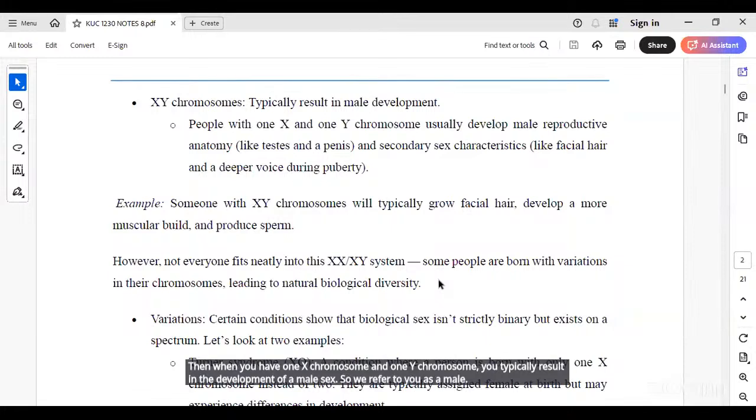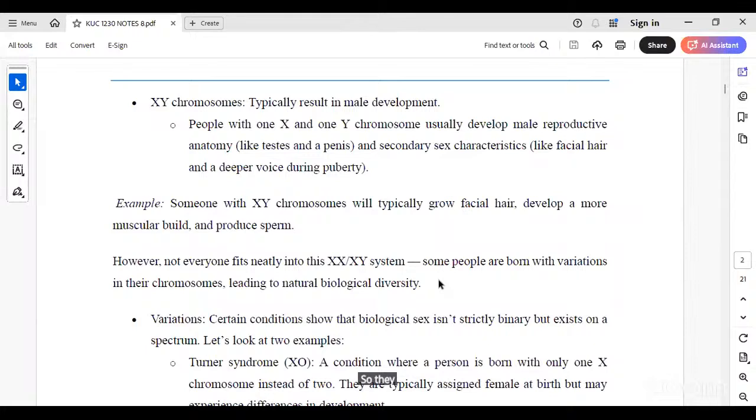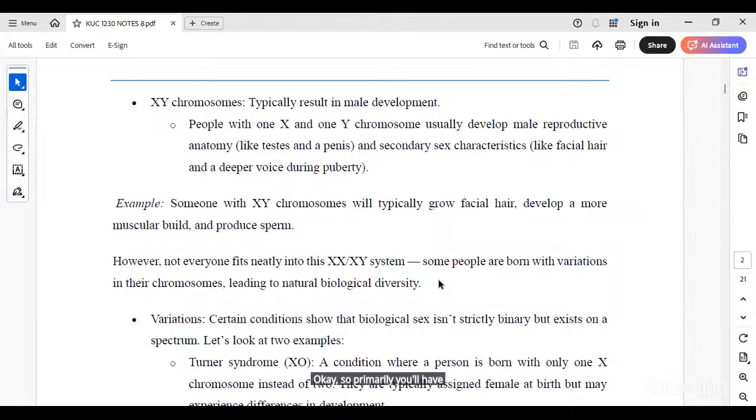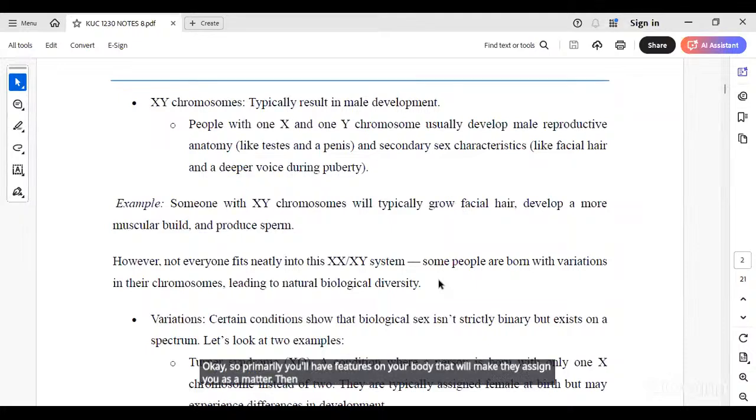So the one X chromosome and the one Y chromosome will lead to the development of the male reproductive anatomy. Okay. So primarily, you'll have features on your body that will make the sex they assign you as a male. Then upon maturity, you will develop what we call secondary sex characteristics. So when you've matured, then you now have hair on your face, you have a deeper voice, okay?